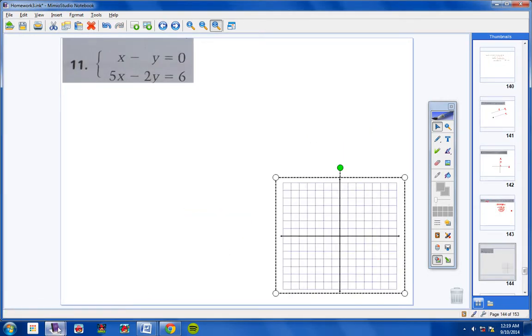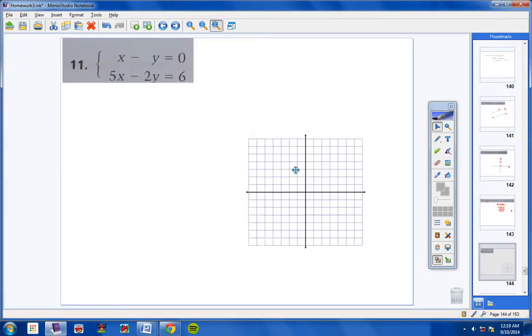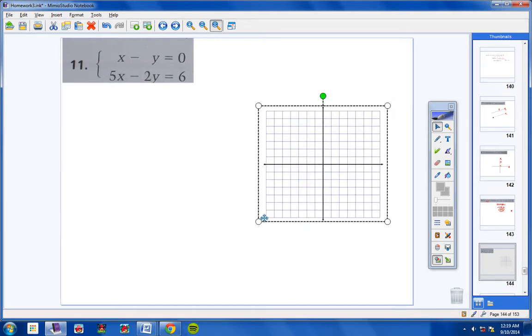And that's a little better. And here we go. Let's go ahead and solve this linear system by using the graphing method.